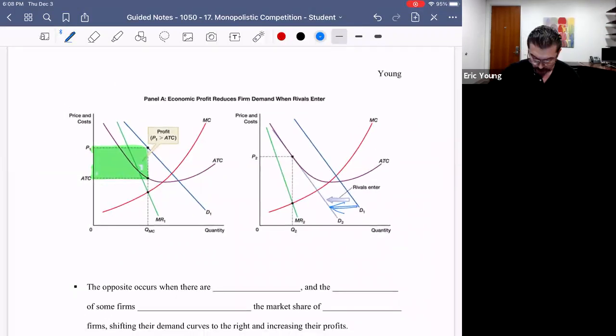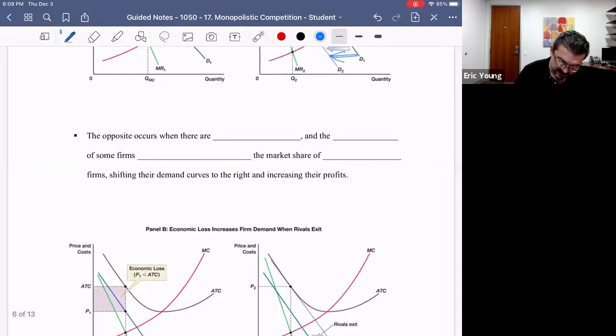The opposite will occur when there's losses. So the second case would be when there's losses, when price is less than ATC. The opposite will occur when there are losses. What are the mechanics? Well, if there are losses in the industry, you're going to see the exit of some firms.